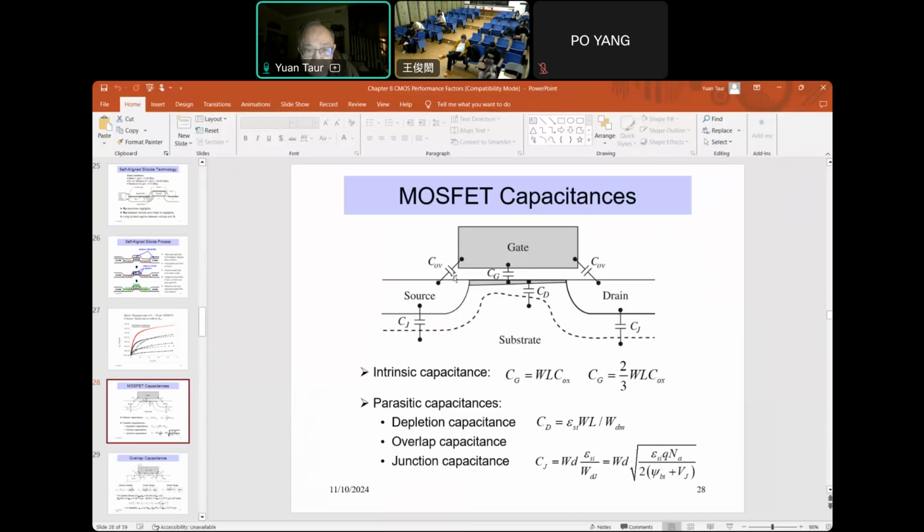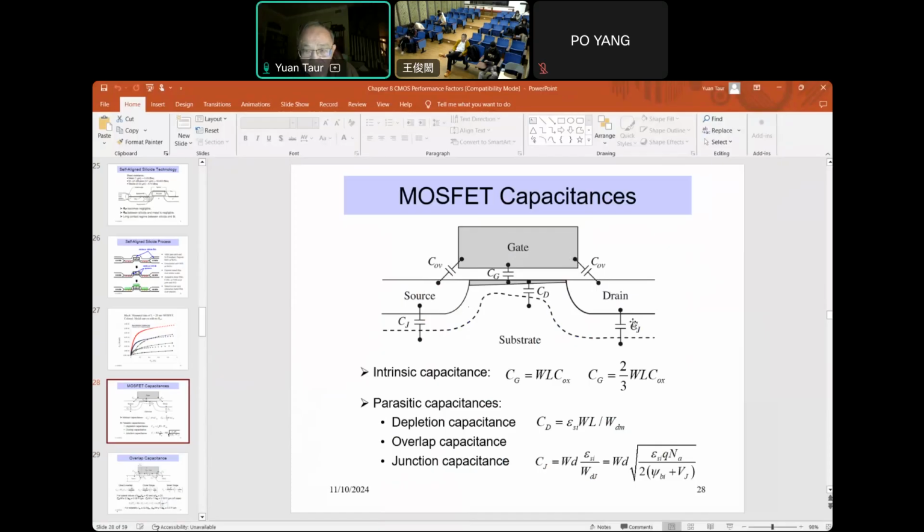But the parasitic components we have are shown here. Mainly junction capacitance and overlap capacitance. Overlap capacitance is between the gate and source or gate and drain, and of course you cannot avoid that.